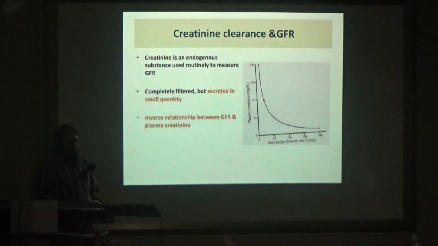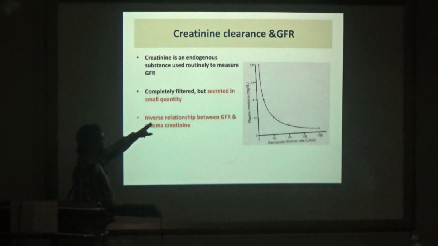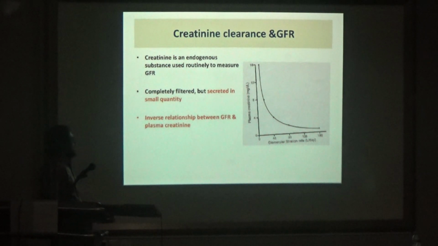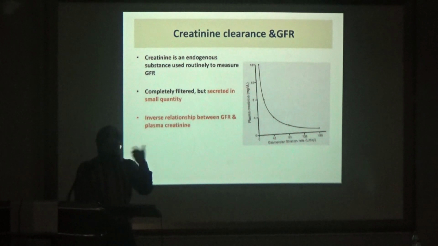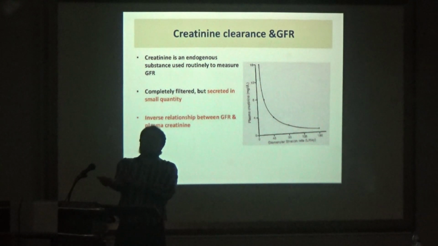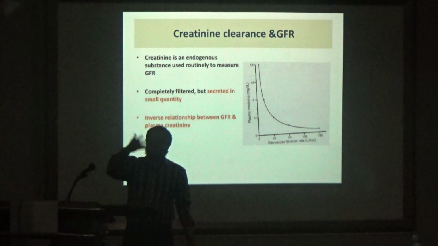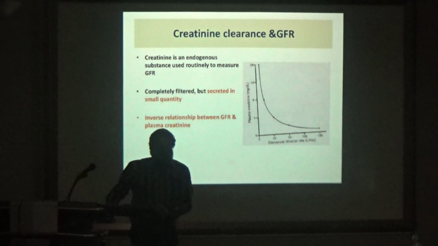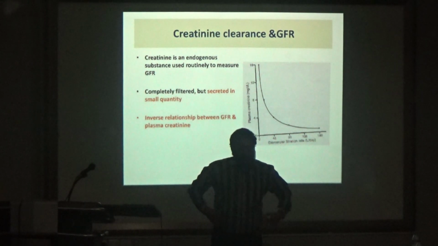Do we test creatinine in the urine or in the blood? Both. To get a clearance, you need the plasma concentration of creatinine in your blood, and then that in your urine, and multiply. There is an inverse relationship between GFR and plasma creatinine. If a substance is injected into me and the plasma concentration is still high after 2 or 4 hours, is it being nicely excreted by the kidneys?